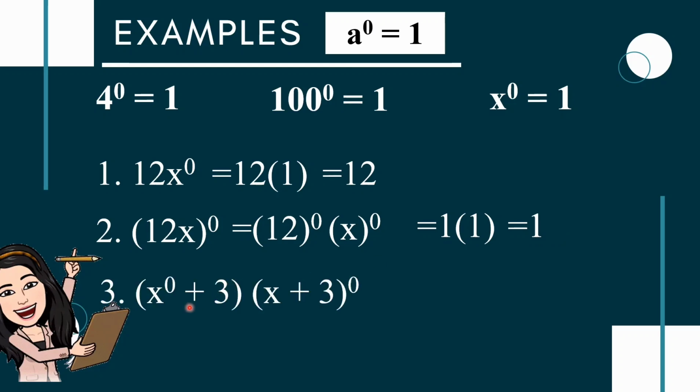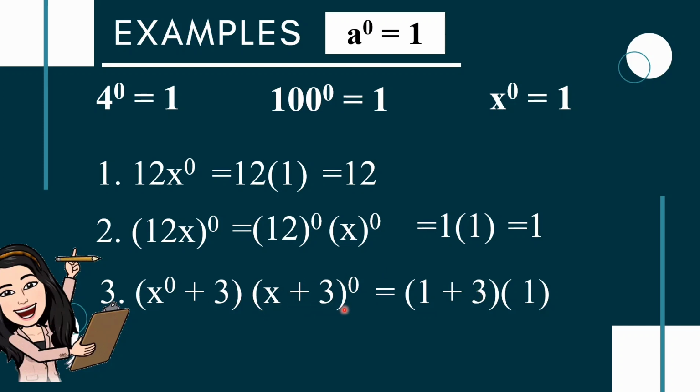multiplied by x plus 3 or quantity of x plus 3 raised to the power of 0. How are we going to simplify this? Isa-isahin natin. Unang quantity, x raised to 0, we have 1. Nakuha? Plus 3. Kinopya lamang natin yung 3. And then proceed tayo sa pangalawa nating quantity. We have x plus 3 raised to 0.